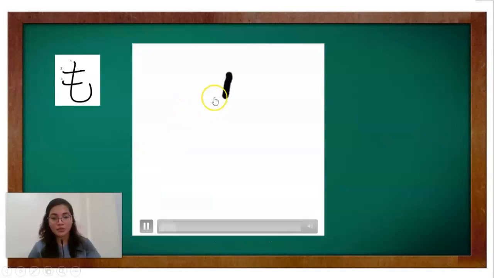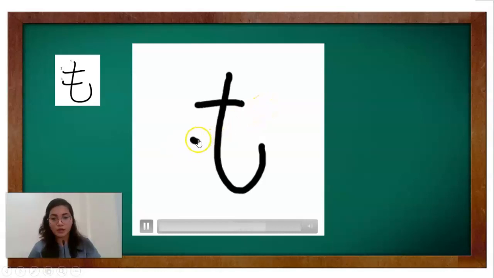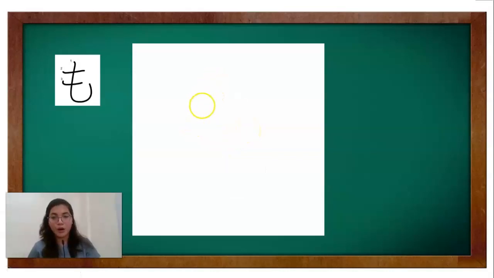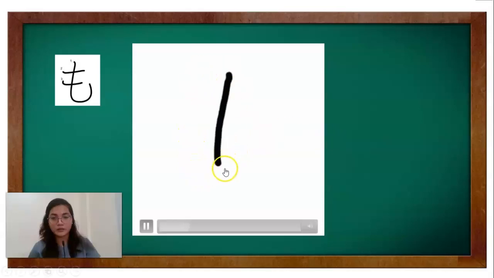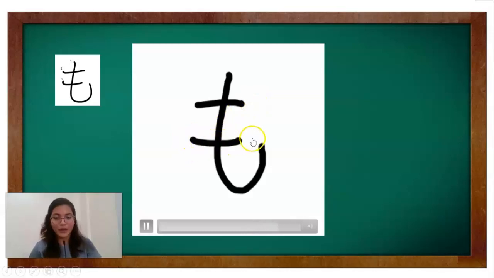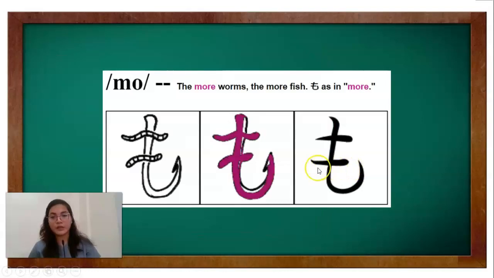Mo has 3 strokes. 1, 2, and 3. Okay, let's try it again. 1, 2, and 3.